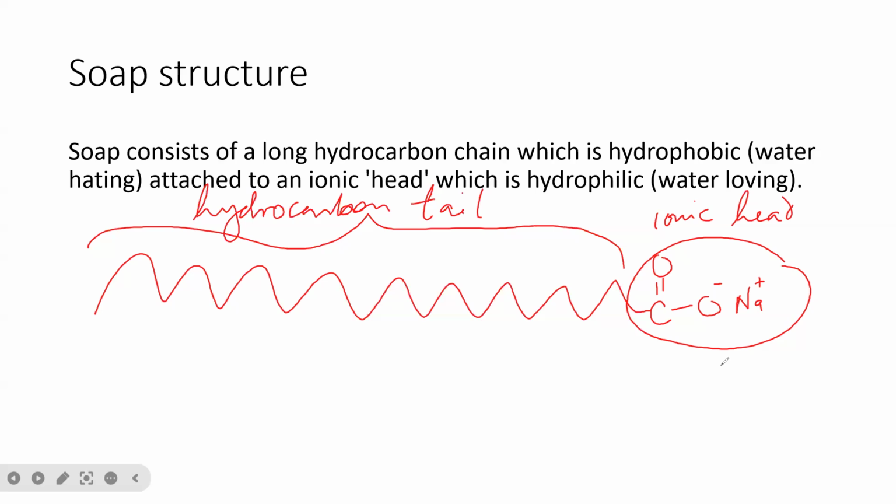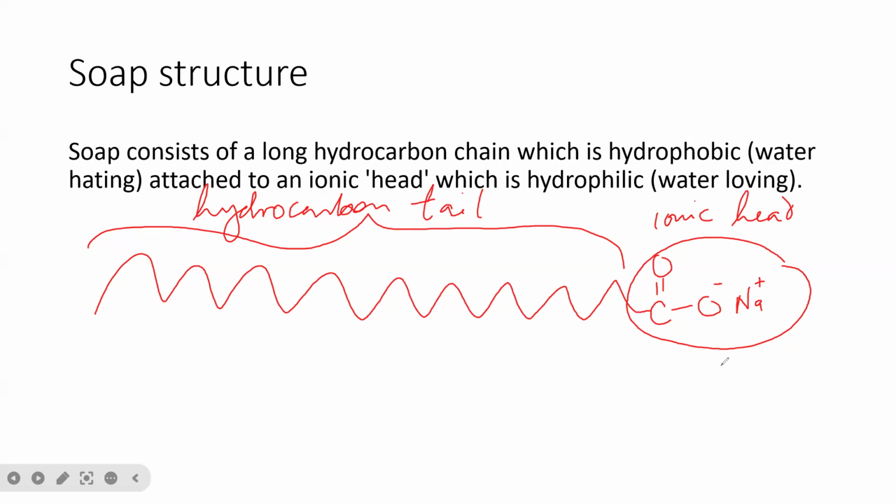Now, because the head is polar, for the sake of those who do not know what we mean by polar, when we say something is polar, it simply means that it has charged ends. It has positive and negative ends. So anything that has positive and negative ends is polar. All right. So you can see here that the head is polar.